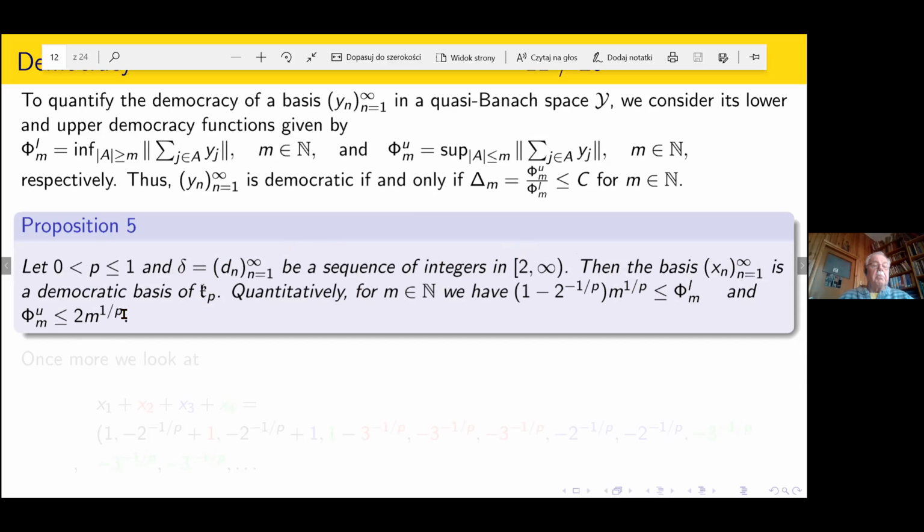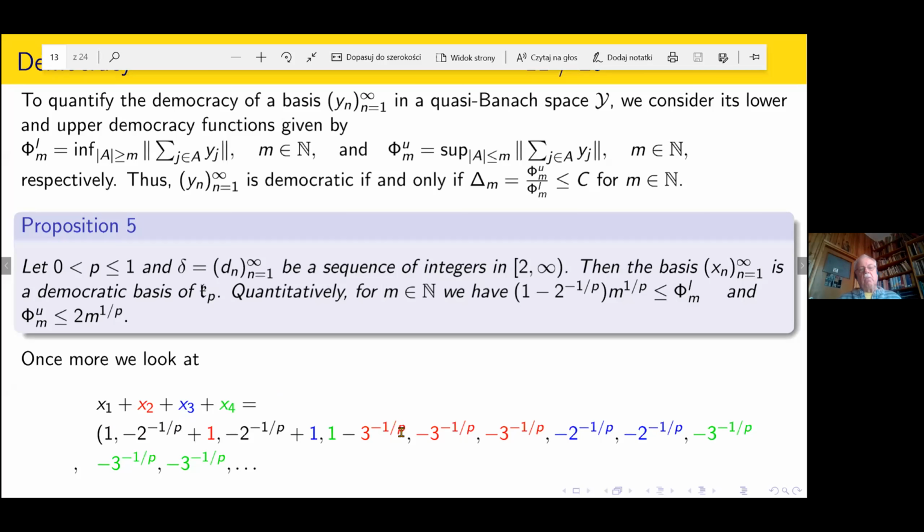Look at this first place forward once. Forget about the rest. In each place there is 1 and some number. The biggest of these numbers is 2 to minus 1 over p, and 3 to minus 1 over p is smaller. So each of those numbers from 1 up to 4 coefficients is at least 1 minus 1 over 2p.